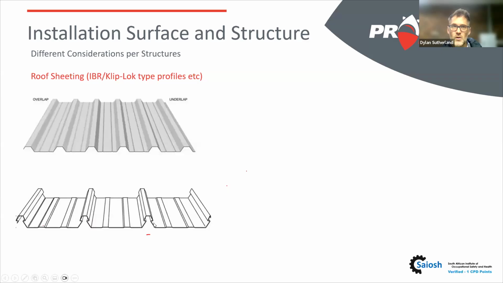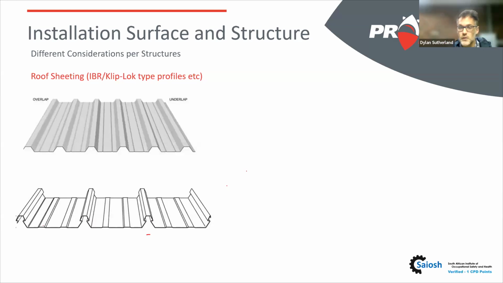So the problem we have here is the thickness of this roof sheeting is quite often really thin. It can go down to 0.5 millimeters, which is really thin. So that creates one problem. That's why when we looked at that video, that fixing point so easily ripped the sheeting off.